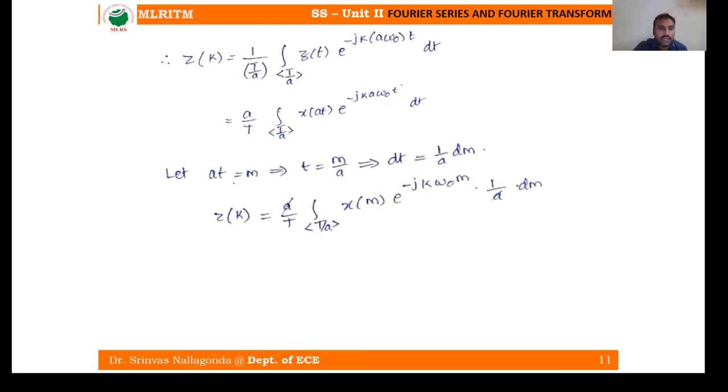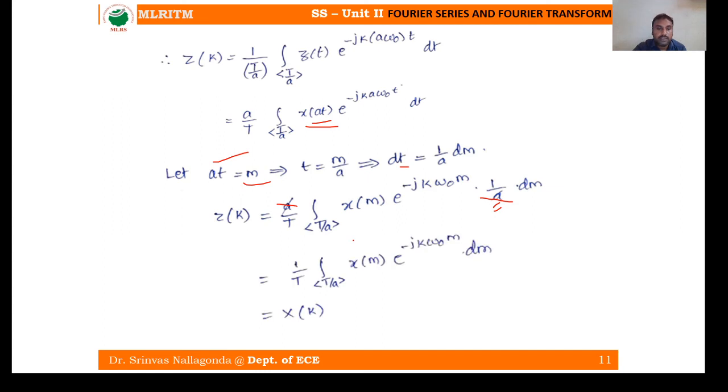Then what happens? Let at is equal to m, so t is equal to m by a, dt is equal to 1 by a into dm. Substitute here a by T into integral x of m, because at is equal to m, e power minus jk omega naught into m, and dt is 1 by a into dm. So this a gets cancelled.